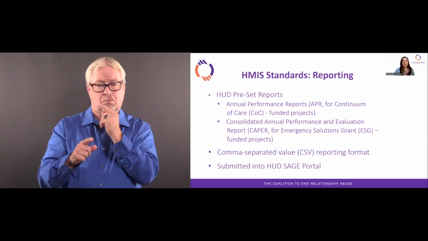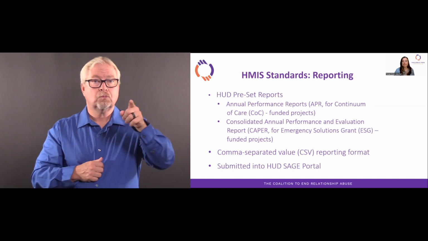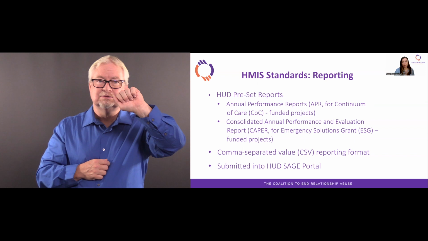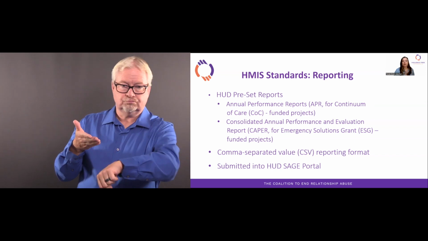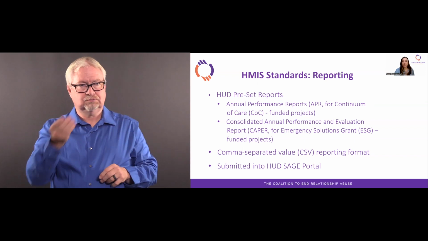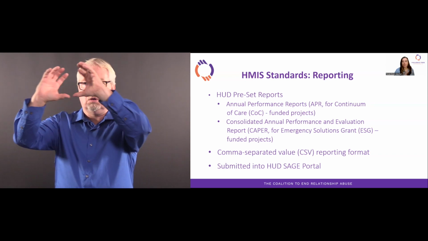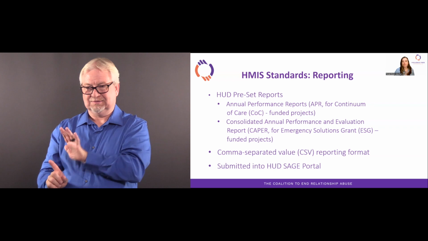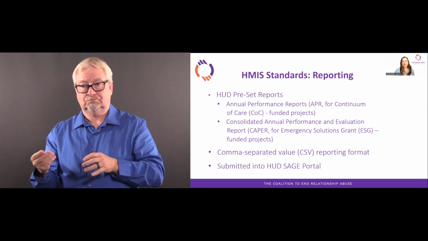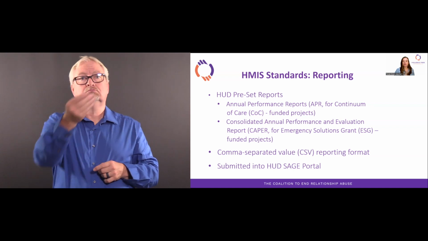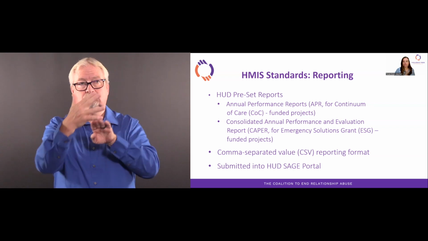If a report is not in proper CSV format, SAGE will reject the report. To comply, a comparable database must be able to generate aggregate reports in CSV format and upload those reports to SAGE.